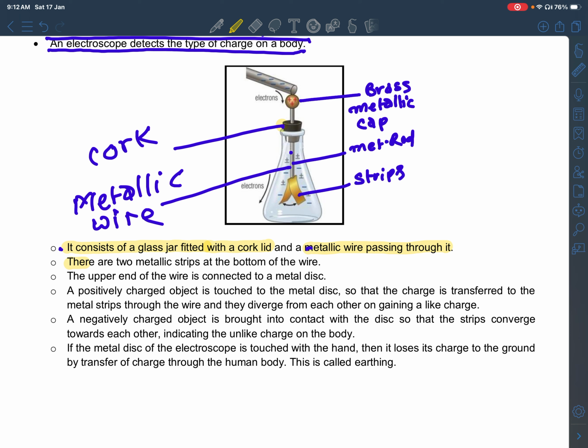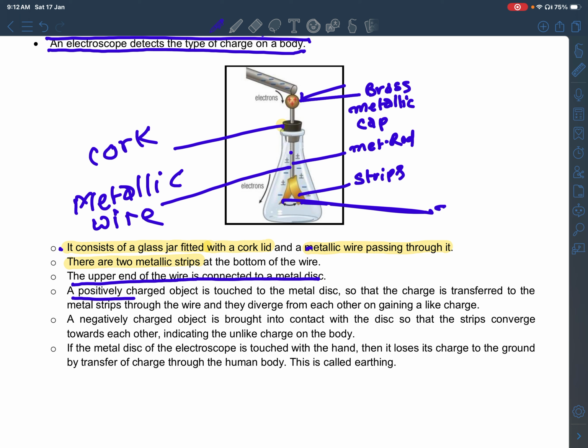There are two metallic strips here. The upper end of the wire is connected to the metallic disc. This is the metallic disc.